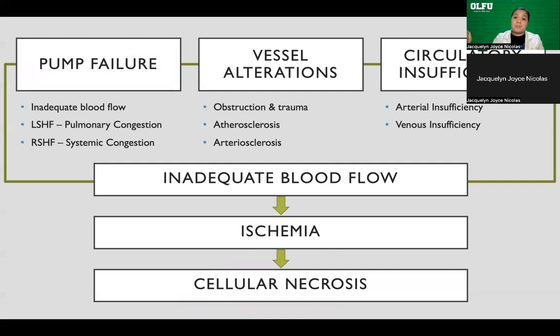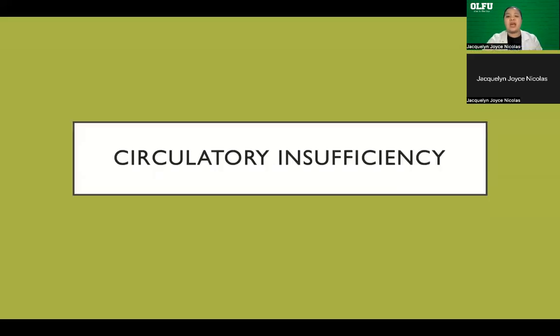So that's PVD. Now let's discuss other concepts, okay, pertaining to that. First, let's talk about circulatory insufficiency. Now, when we say circulatory insufficiency, again, there is not enough blood on the area, or let's say that's in the form of the artery.